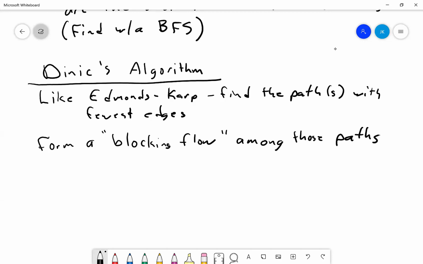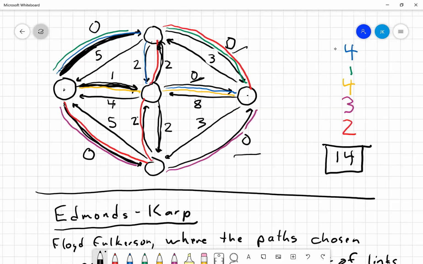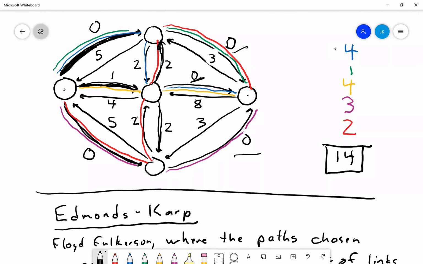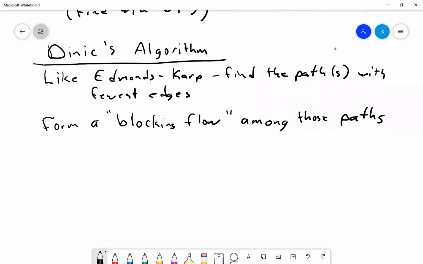Okay, so after you've identified, say, the shortest paths, so in this example, I see 3 paths of length 3, going over the top, through the middle, or down the bottom. All of those are length 3 paths, so you would handle them first. The blocking flow is basically the most you can put through the paths of length 3. So you push through as much as you can on paths of length 3, and then after that there won't be any more paths of length 3.